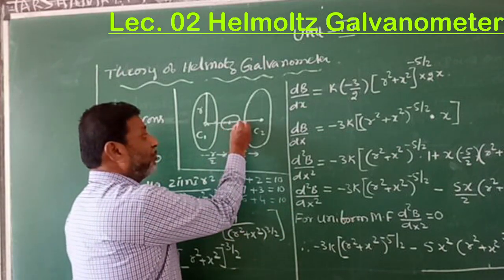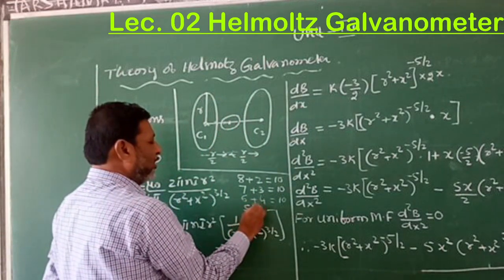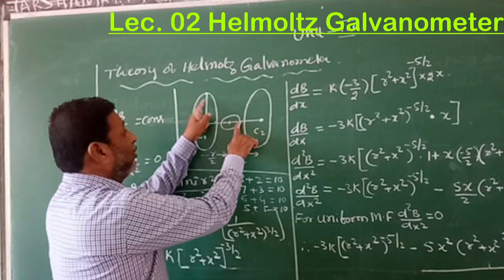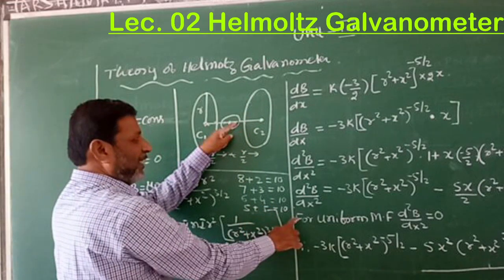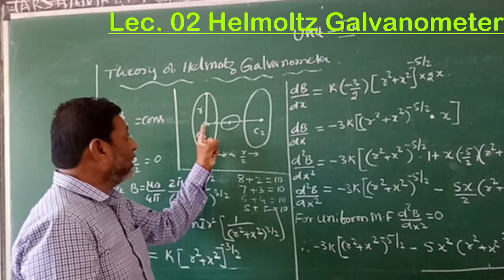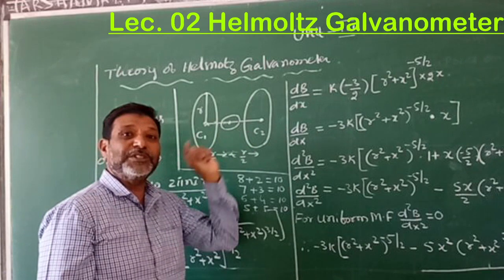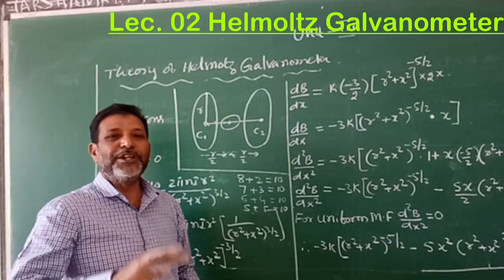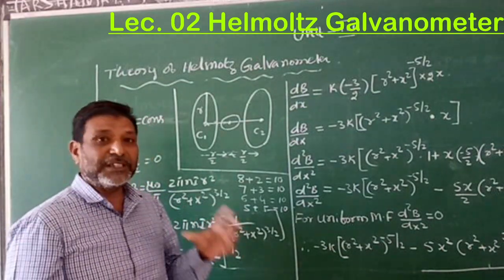Next, when you move beyond the midpoint, the fields are 5 plus 5, equal to 10 here. And when you come here, field due to C1 is 4 whereas field due to C2 is 6, and it goes on like this. Therefore, as we move from C1 to C2, the field due to C1 decreases and the field due to C2 increases.